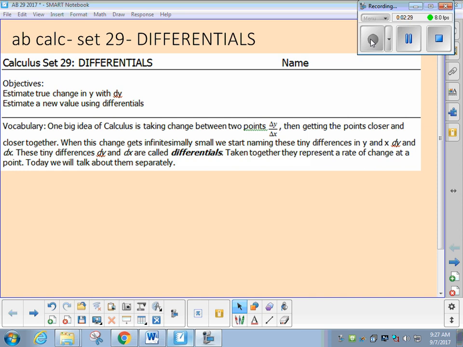Now, in the derivative, we look at how those compare to each other. How does y change with respect to x, the slope or the rate of change between the two. Today, we're just going to focus on one of them: how much does y change? You still have to take into account how fast it's changing, and then how much x is changing, and that'll tell you how much y is going to change.